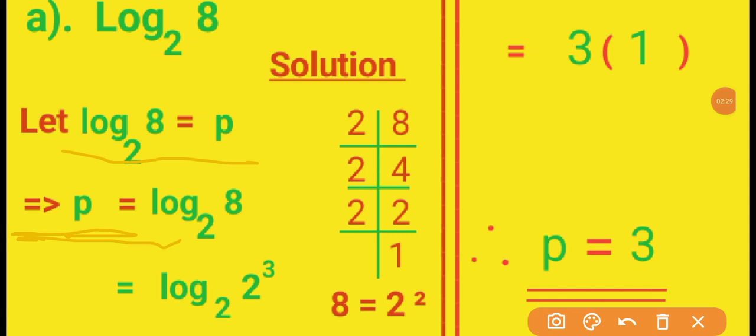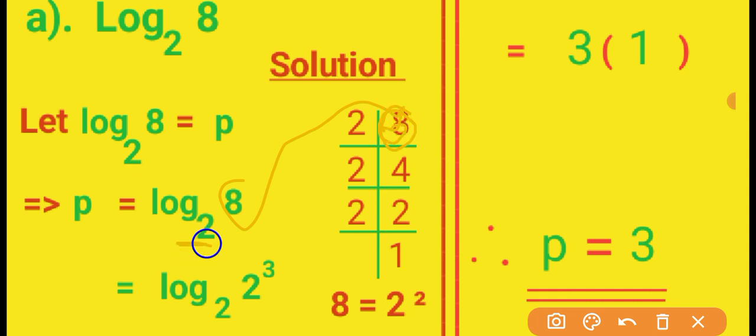So as we start, we say log to base 2 of 8 is equal to P. So this implies that P is equal to log to base 2 of 8. So that in this case, we factorize this 8. We factorize this 8 using ladder method as we have indicated it here. So when we factorize, in each step, we divide that number by the base of the logarithm.